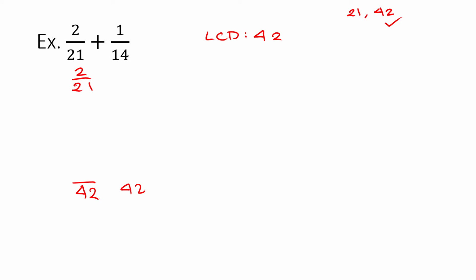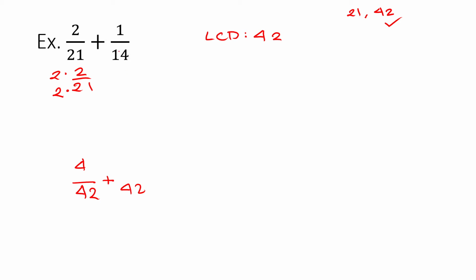We need to multiply it by 2. And since we're multiplying the denominator, 21, with 2, we also need to multiply the numerator, 2, with 2. Now let's multiply. 2 times 2 is 4, and 2 times 21 is 42. So now we change 2 over 21 as 4 over 42.